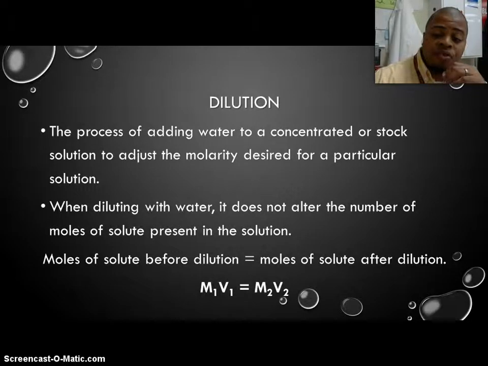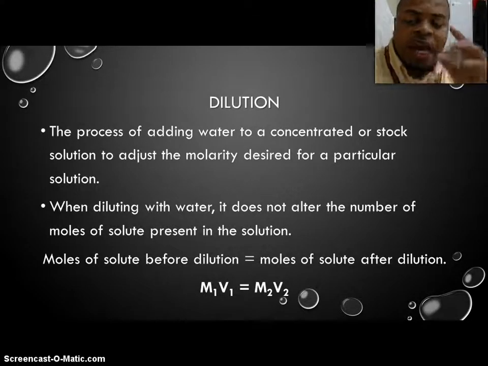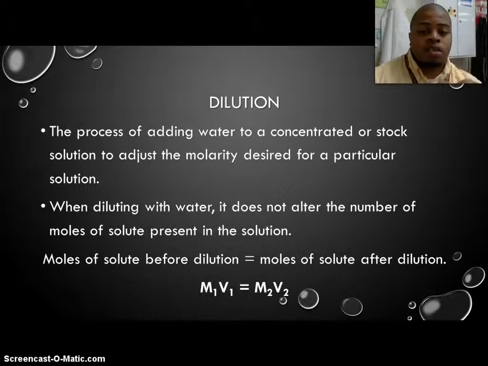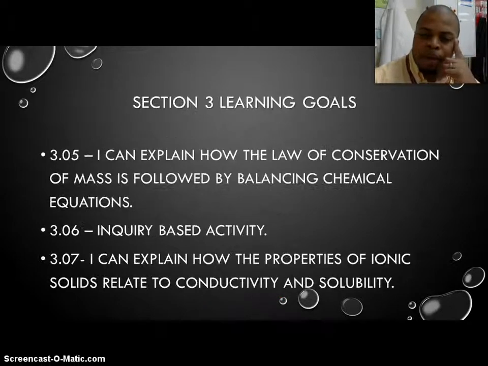Now, if I have any of these pieces, I can solve for the one that's missing. So if I'm given M1, V1, and V2, I can solve to find out what the molarity is. We're going to do some examples, and I'll post some examples of how to go about doing these. It's not really much of a problem. It's basic algebra. I think most of you will be okay with doing so. But we're going to use this also when we get into the next section just a little bit, so I want you to keep that in mind.